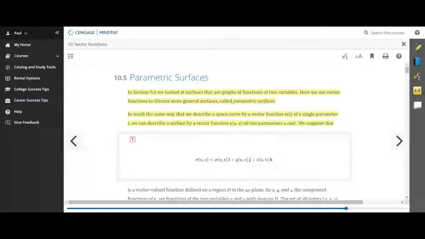All right, we saw surfaces before back in section 9.6, but those surfaces are where we could write functions of two variables.